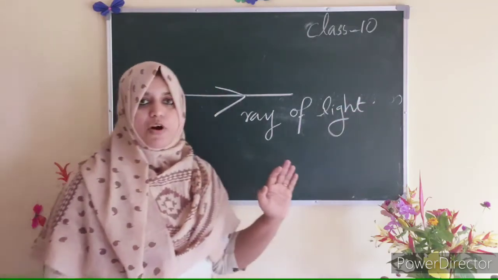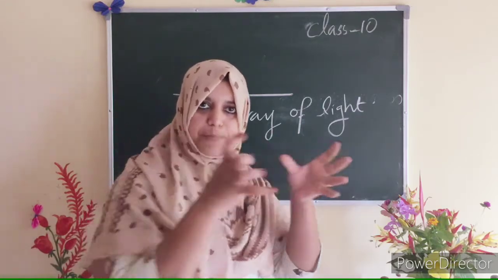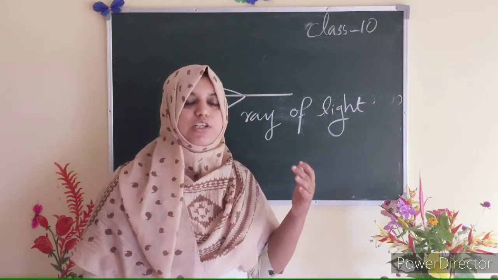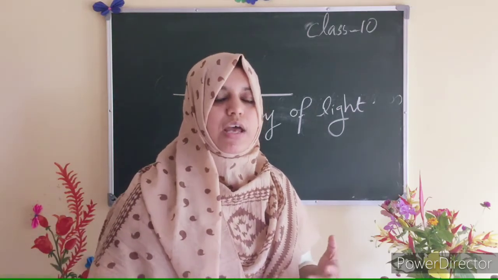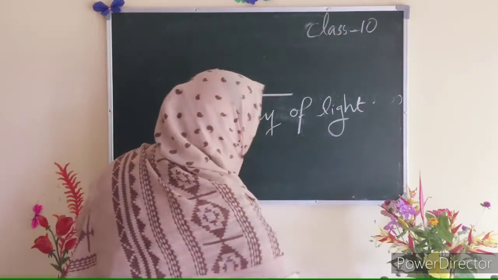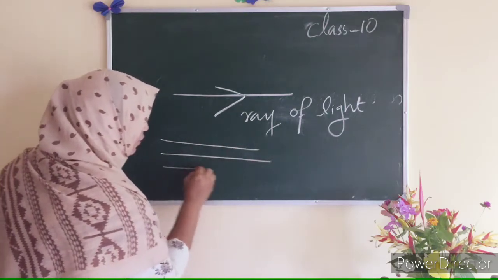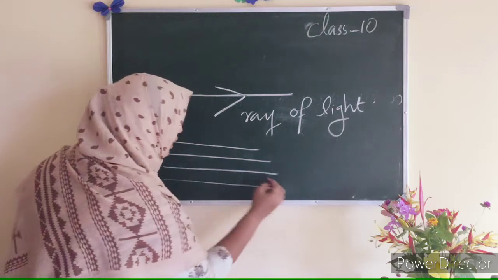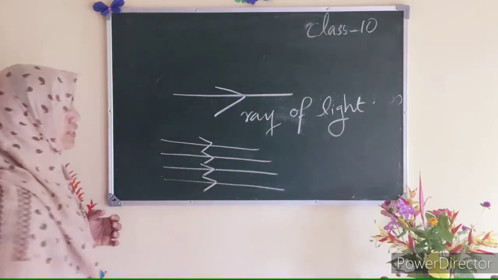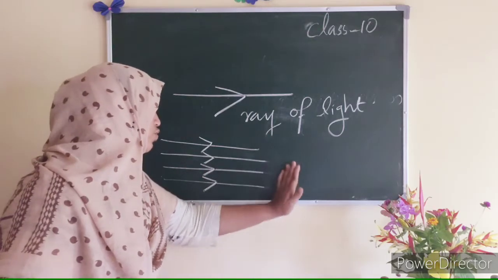Next is about a beam of light. A bundle of parallel rays of light emitted by a luminous object is called a beam of light. First of all, we discussed luminous objects.